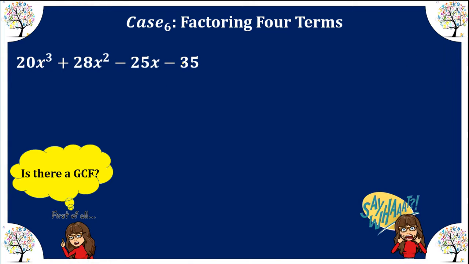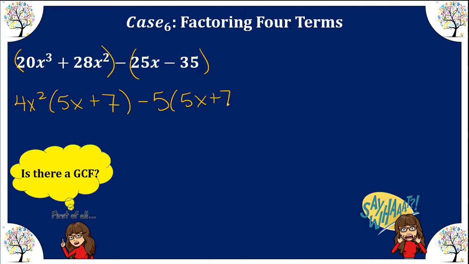There is no GCF. We're going to group the first 2 and the last 2, factor out the GCF. Write the 2 GCFs as one factor.